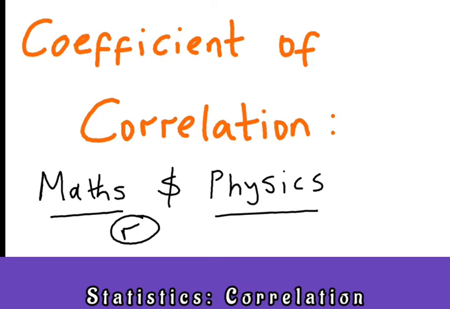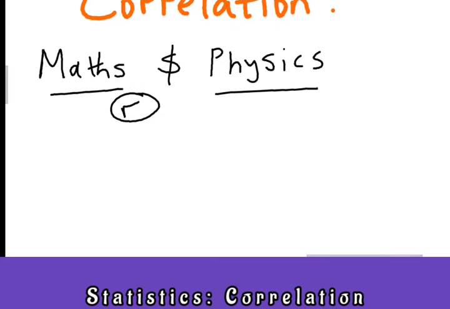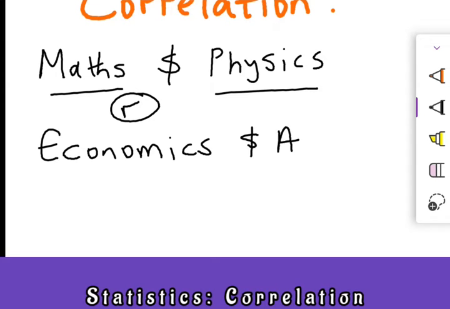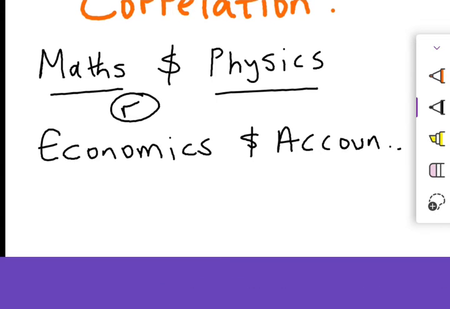Now that leads us to the different methods, the formulas that can be adopted. When you want to know the degree of relationship between two variables, like you're given the scores of students in economics and accounting, you want to know the degree of relationship between these two subjects.